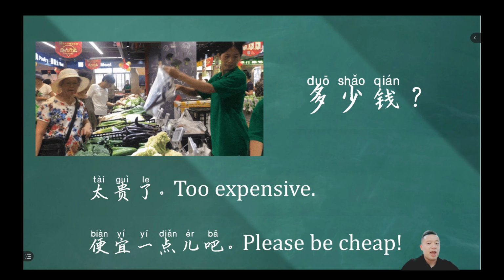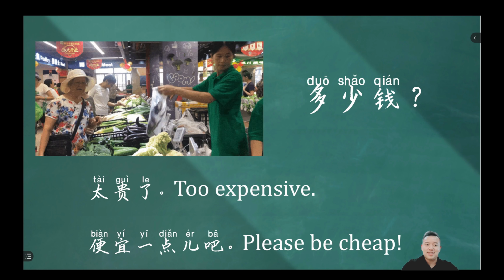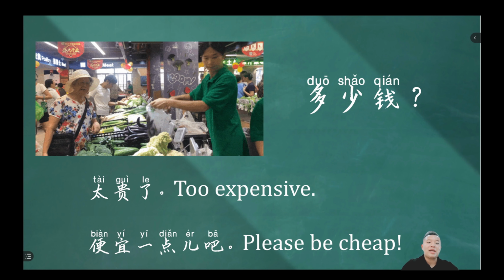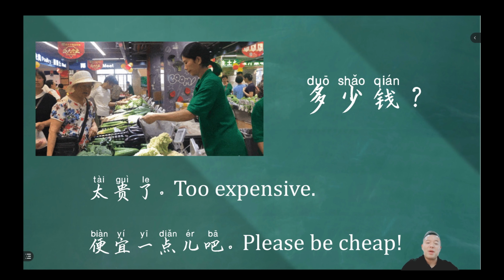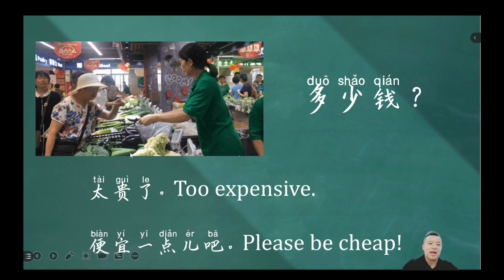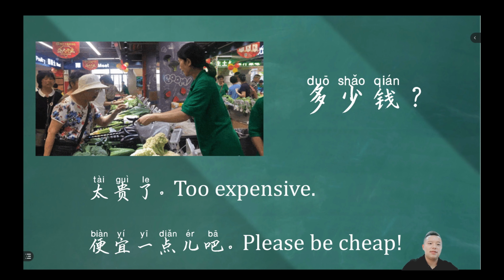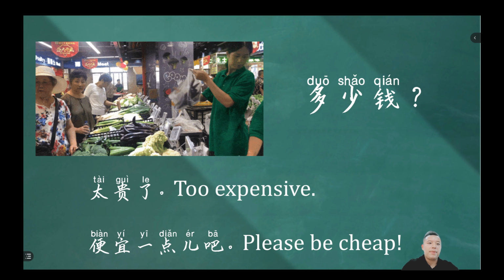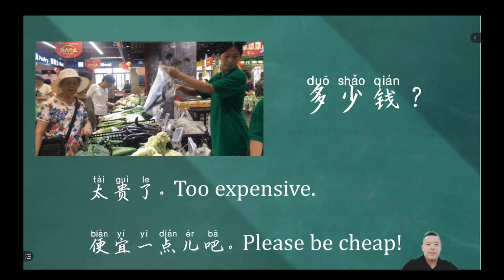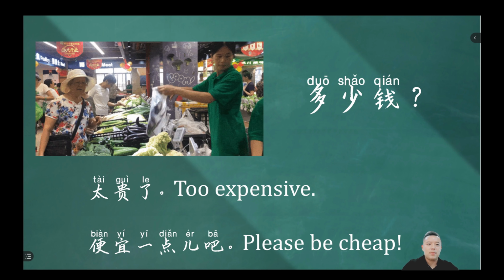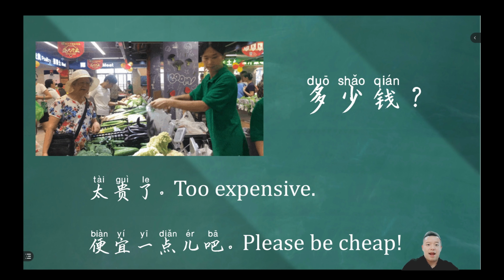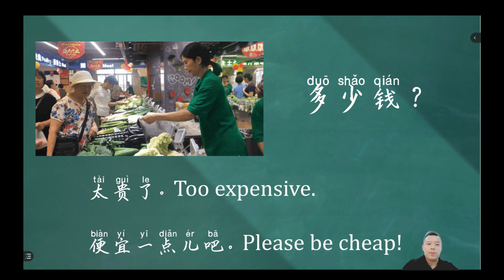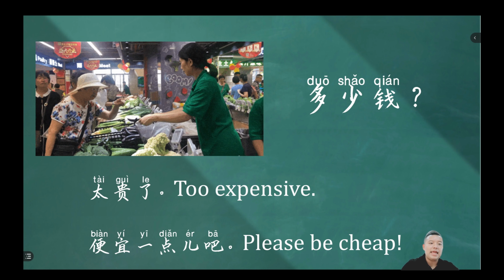Too expensive. 太贵了。太贵了。Please be cheaper. 便宜点吧。便宜一点吧。Do you remember 一点儿? Roll your tongue up a little bit, instead of 一点 and remove the sound while you are pronouncing 点儿.